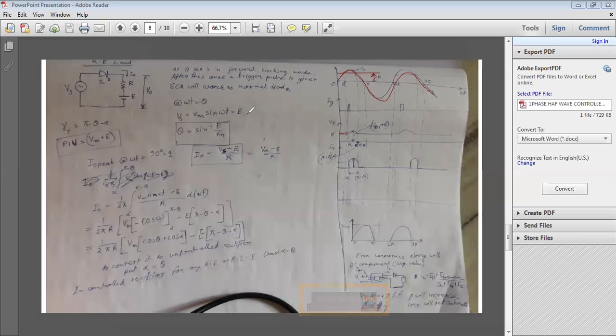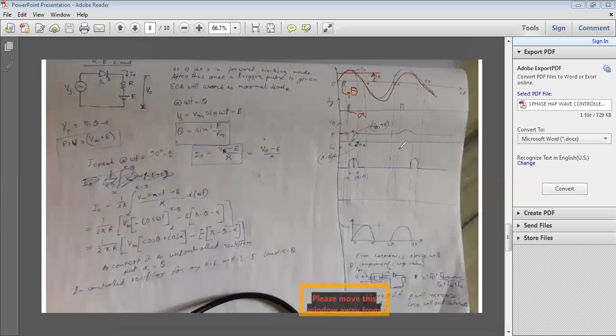This point is alpha. And this point is theta, and theta is the point where the source voltage and battery voltage are equal.